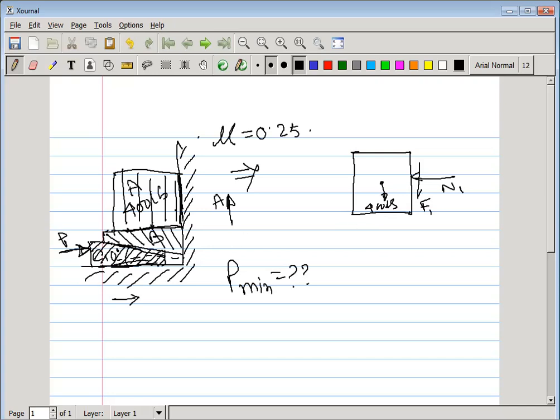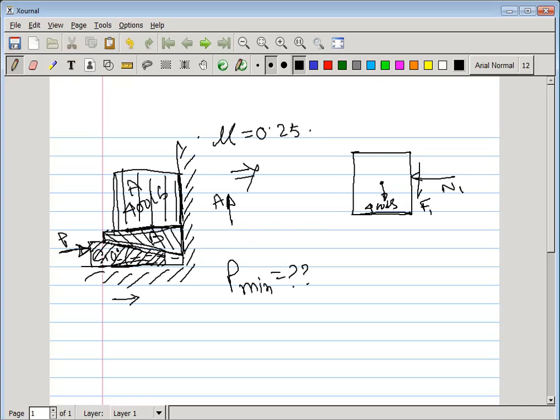If it moves in the upward direction, remember one thing: as this is fixed, block B is with this and also with the wall.